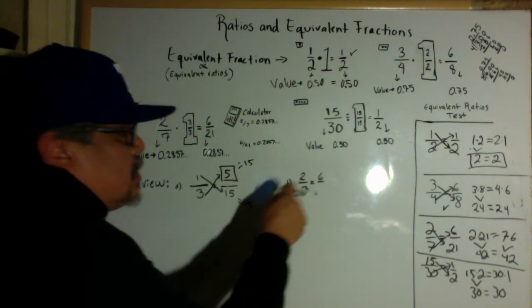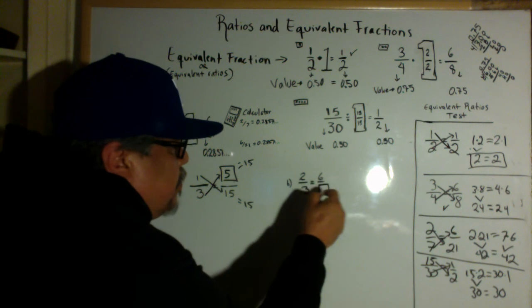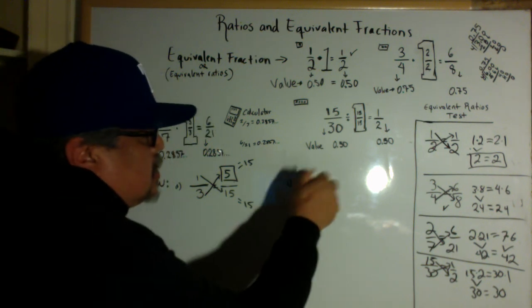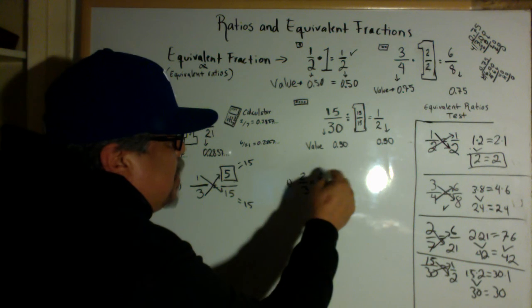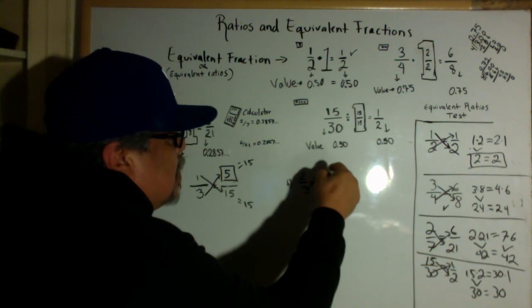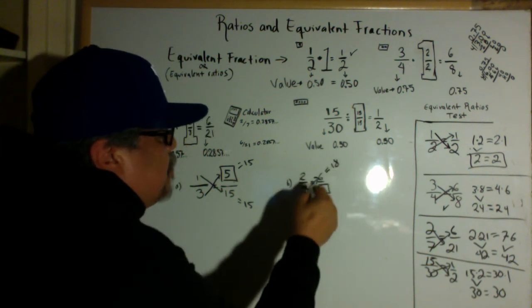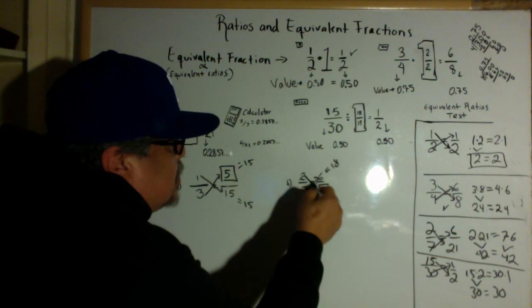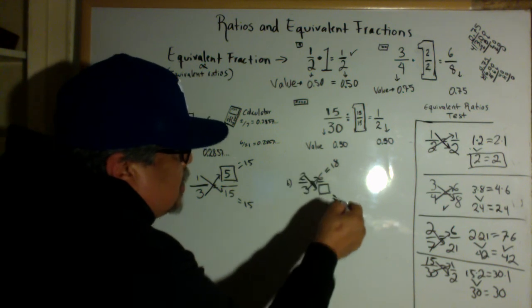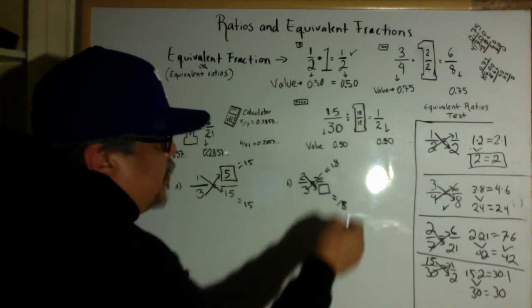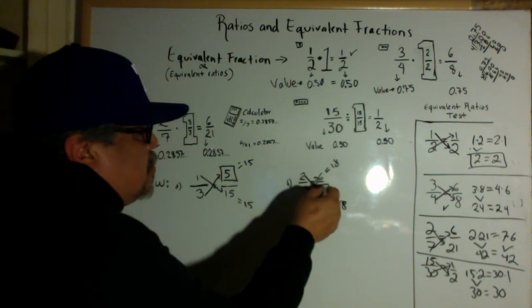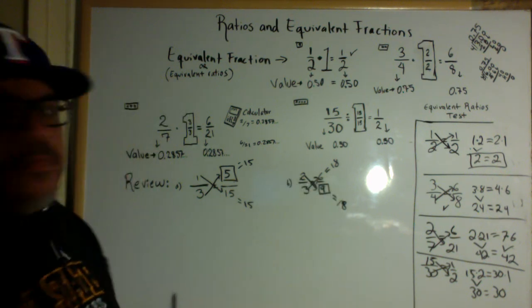Same thing with this. If I'm missing this other number, 3 times 6 equals 18. If I multiply like this, I get 18. Then 2 times something has to equal 18 as well. So what number am I missing? Well, the missing number is 9.